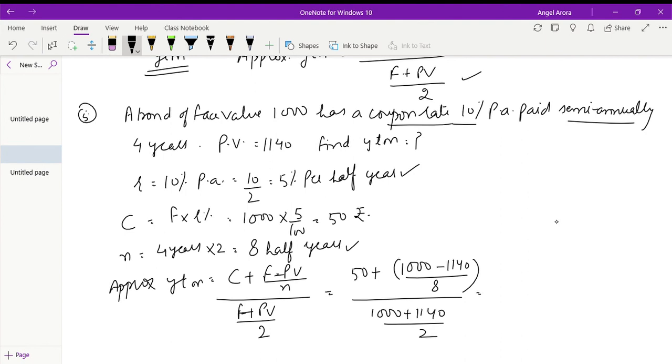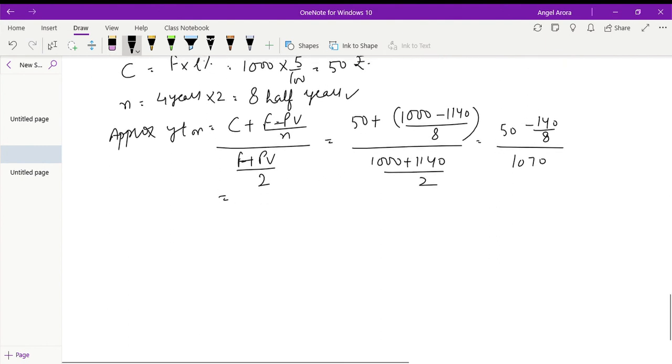So 50 minus 140 upon 8. So it will be 2140 upon 2. So it will be 1070. So we get 50 minus 17.5 upon 1070. So it will be 0.0304.